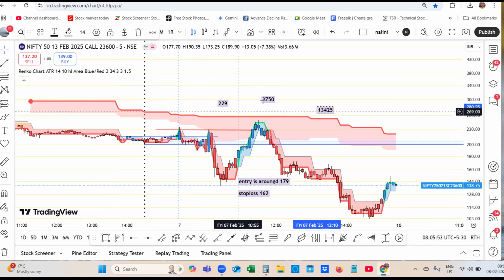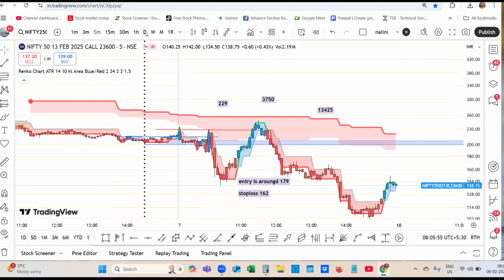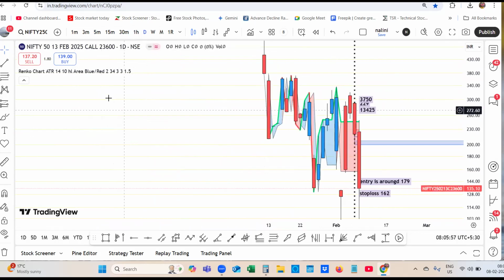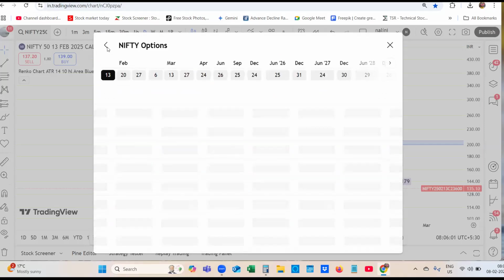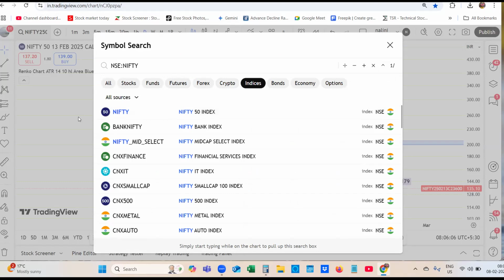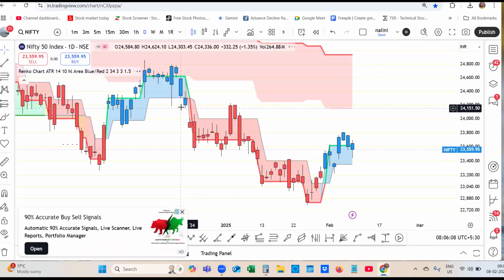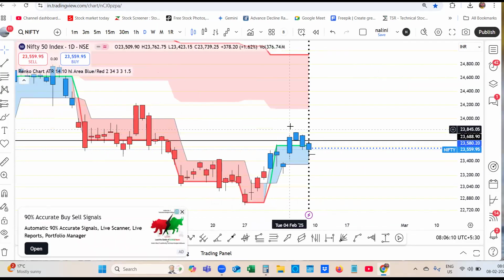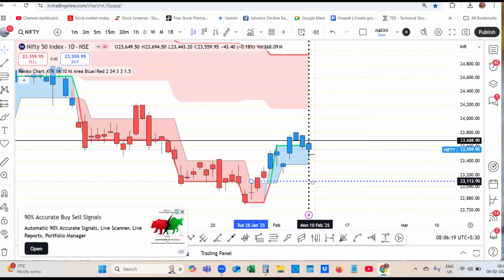So coming to the daily chart, let me show the daily chart. Let me go back to the indices. See, daily chart, still it is positive. That is, the breakout line is there.